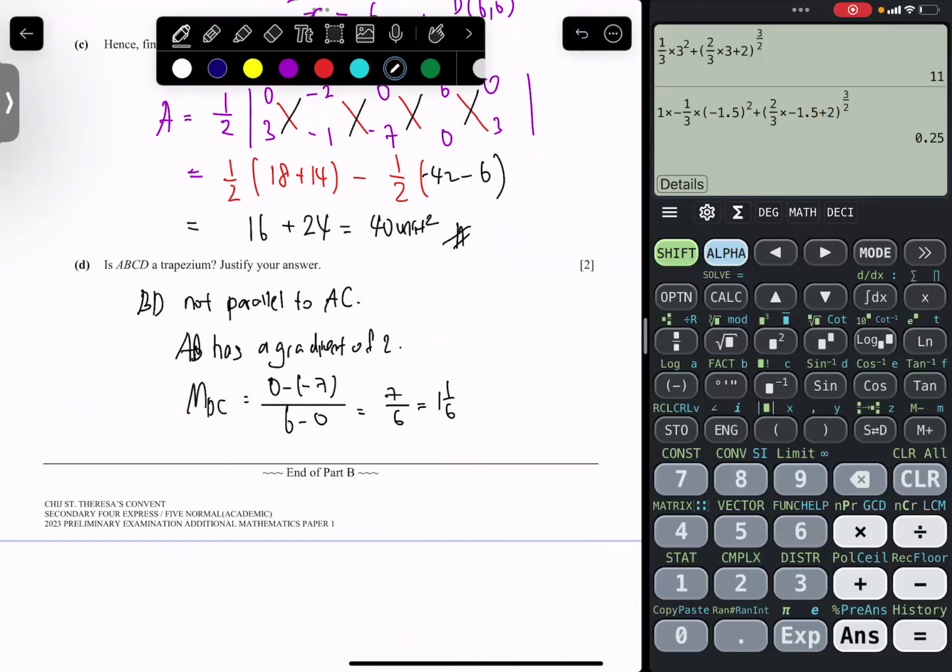Since AB is also not parallel to DC, therefore it is not a trapezium, as there are no parallel lines.